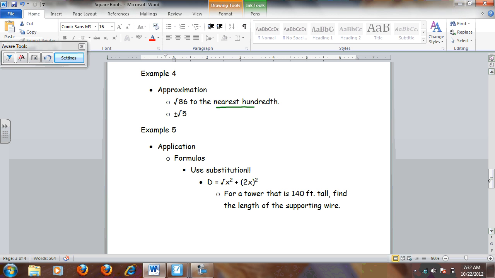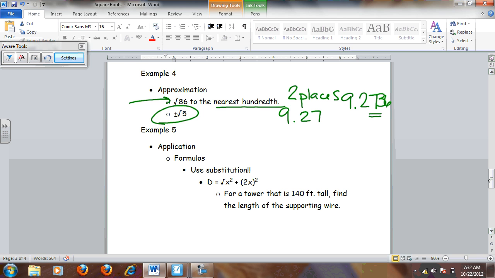Notice I said to the nearest hundredth. That's how many decimal places? 2 places. So the square root of 86 is 9.2736. The hundredth is 7. Remember, no sign, so I'm probably just looking for the positive. 9.27.